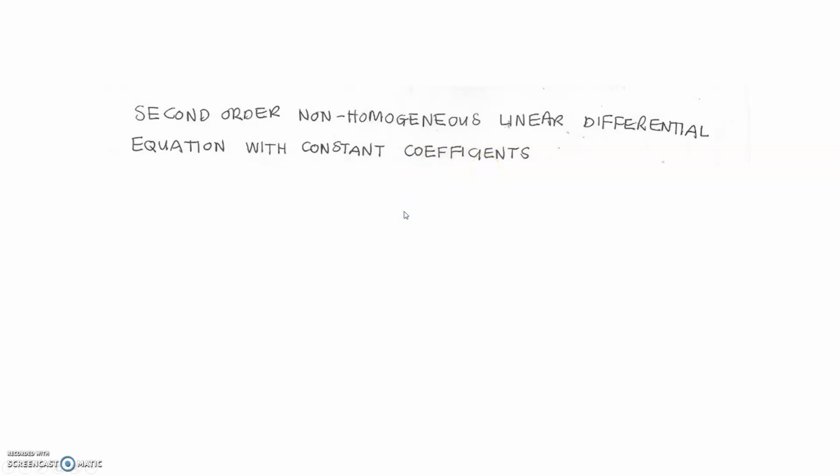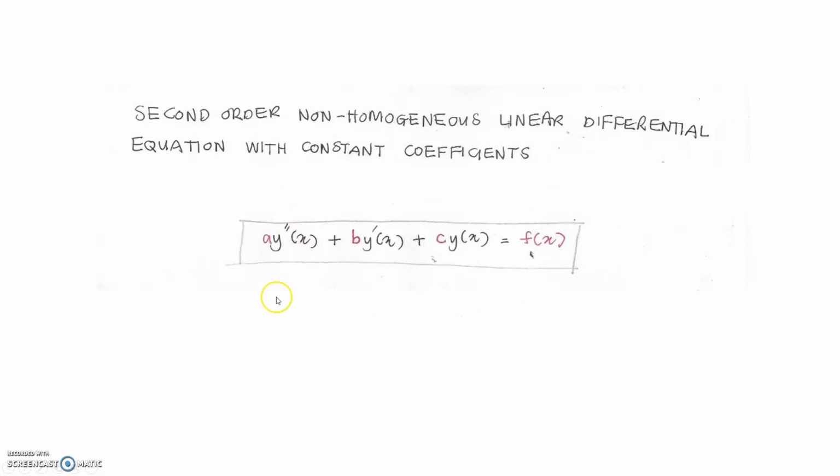Okay, so let's say you are given a second order differential equation in the form such as this, whereby you have a y''(x) + b y'(x) + c y(x) = f(x). Take note that the power for y''(x), the power for y'(x), and the power for y(x) are equal to 1.